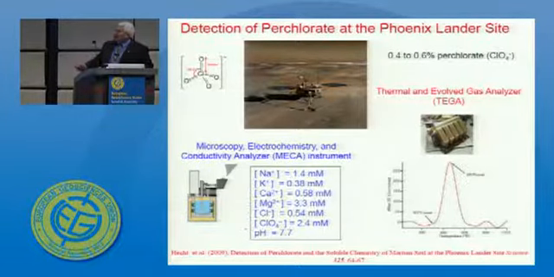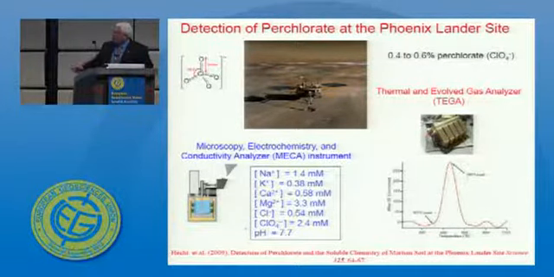In addition to the MECA identification, there was another independent identification used by TEGA, which heated the soil from room temperature up to nearly 1,000 degrees. And you can see a rapid release of oxygen. This oxygen was attributed to the presence of perchlorate, but one would expect also the release of chlorine species.